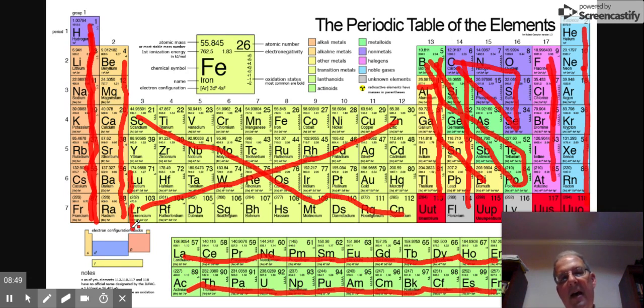And the reason they did that is because if we had included them in the periodic table like everything else up here, the table would be very, very wide. It'd be very cumbersome to handle and to display. So it's just a matter of convenience that they are displayed down here.